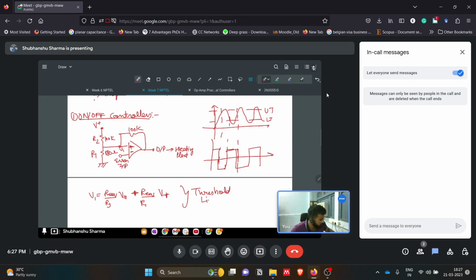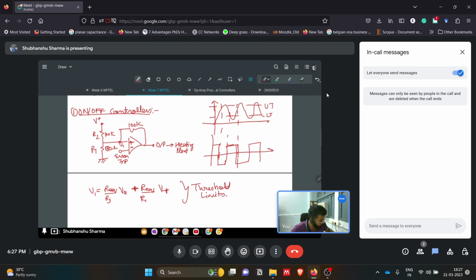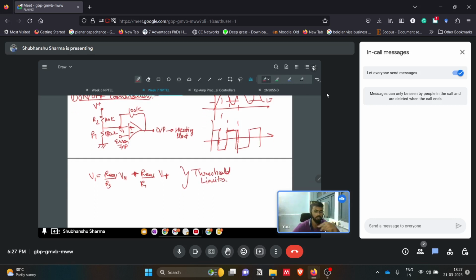When we are looking at the upper threshold, V naught will be plus V set. Otherwise, it will be minus V set. This will be either plus or minus V set. Based on that, we can get the lower and the upper threshold. So this we saw.